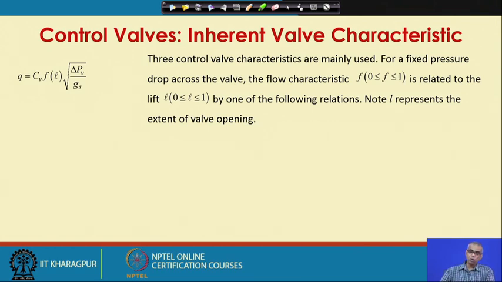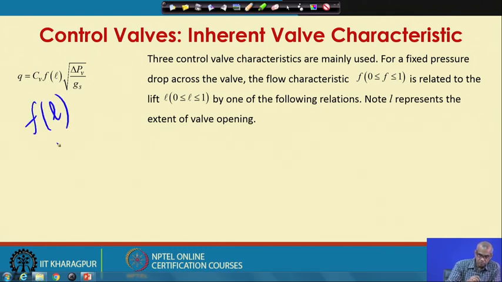For a fixed pressure drop across the valve, the flow characteristics, which is expressed as f of L, varies from 0 to 1 because it represents Q by Q max. So, the value of f of L flow characteristics can vary from 0 to 1.